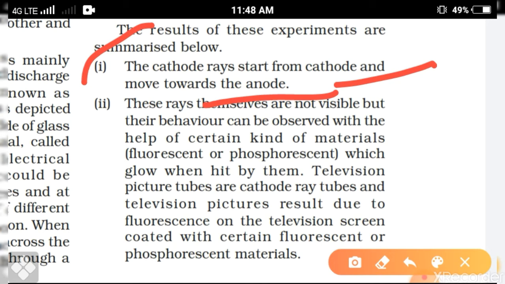When the cathode ray strikes the zinc sulfide fluorescent coating material, then a bright spot is created.